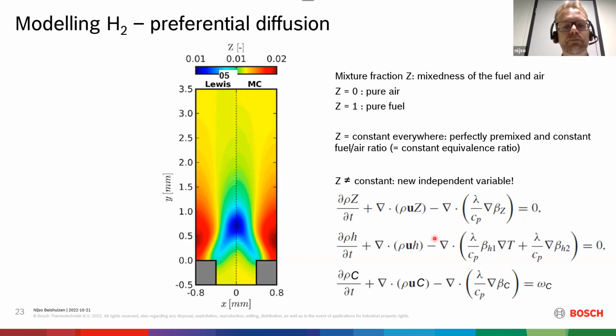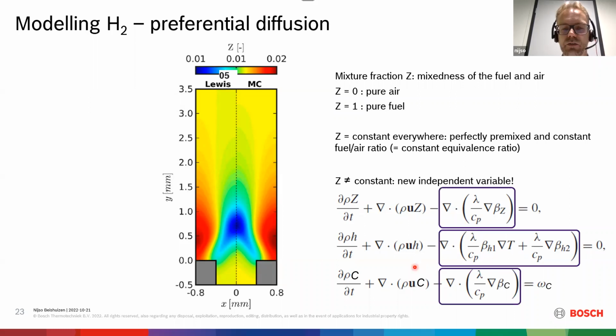So in the end, what we need to do is solve, next to the progress variable and enthalpy equation, the mixture fraction equation. And if we have preferential diffusion, then a couple of additional preferential diffusion terms occur. These additional terms we can also tabulate.